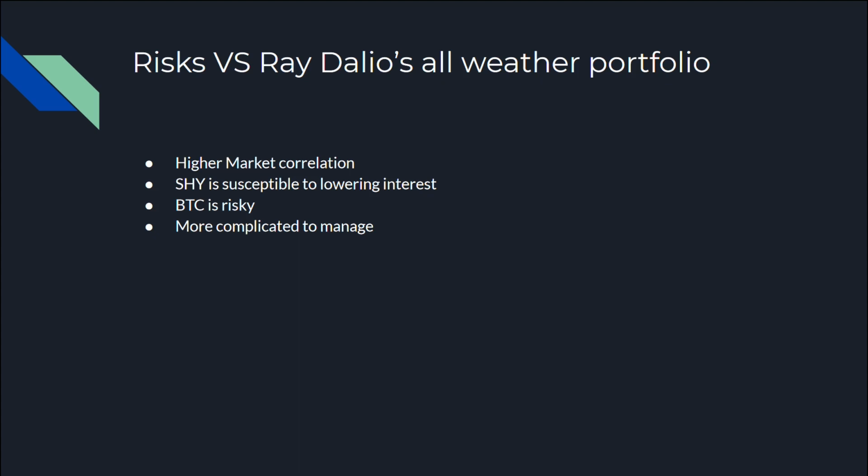When interest rates are lowering, say these short-term bonds were issued at 5% interest, you're not going to be able to keep that coupon rate as you're going to get paid back in, let's say, a year.